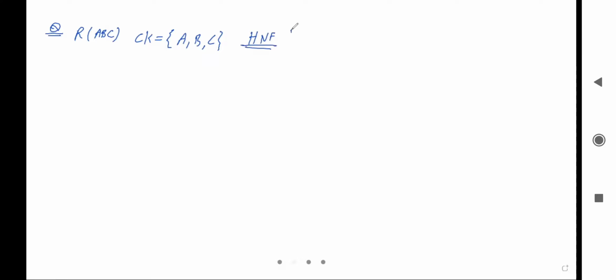Here functional dependencies are not given, but candidate keys are given. So by observing the candidate keys, what will you conclude?